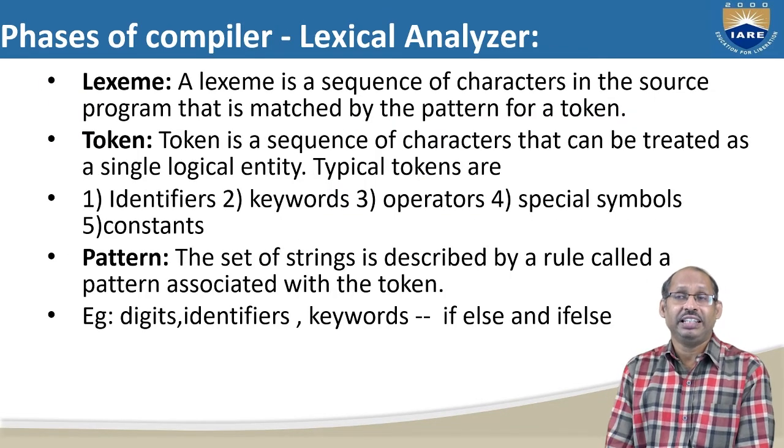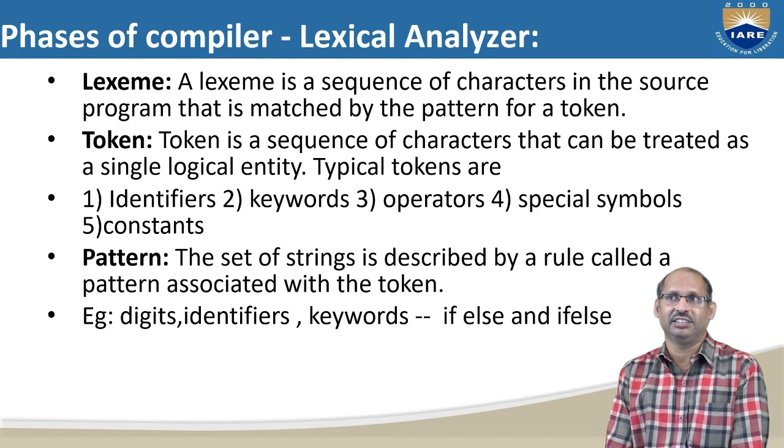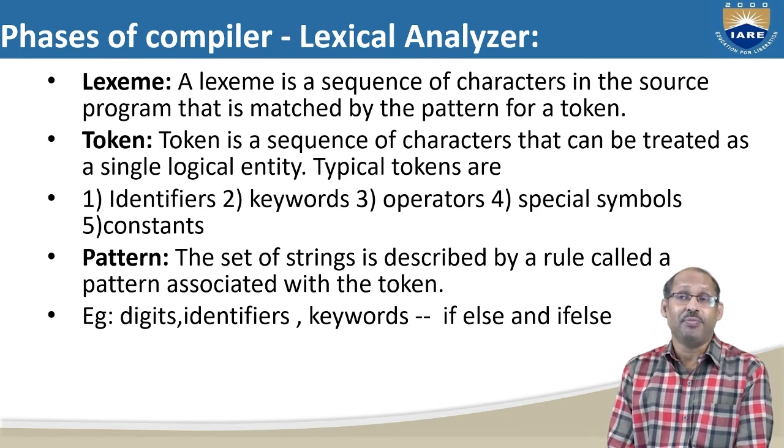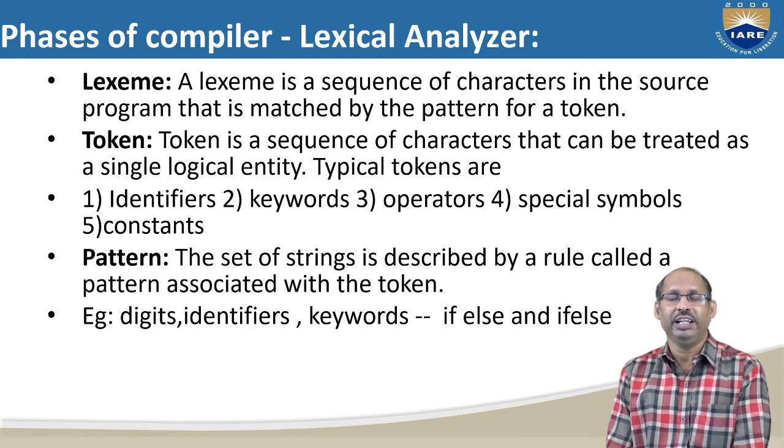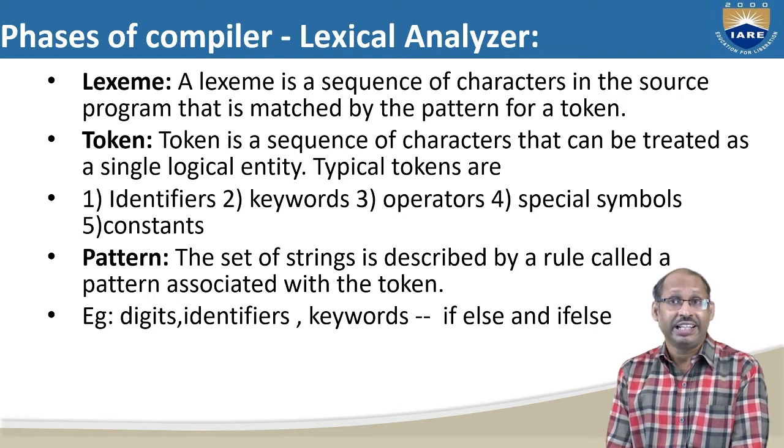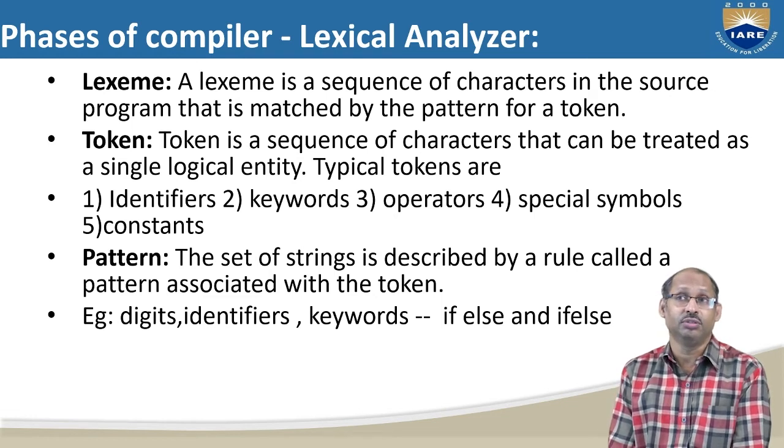A lexeme is a sequence of characters in the source program that is matched by the pattern for a token. Is it clear? A lexeme is a sequence of characters that is matched by a pattern for a token.